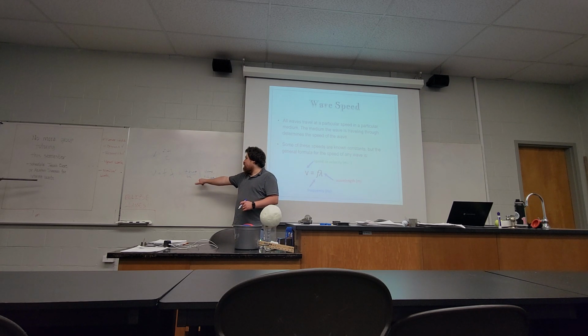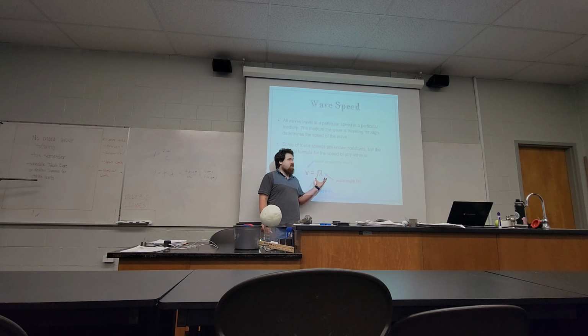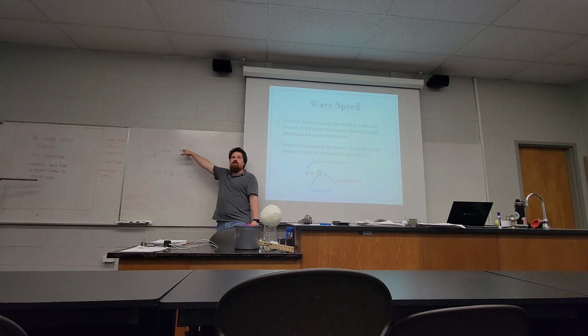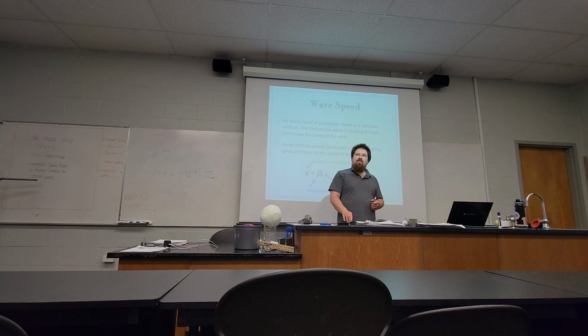And these two things multiplied together form distance over time. For the frequency part of things, you've got time on the bottom with number of waves at the top. For wavelength, you've got distance over number of waves. Number of waves just cancels out between the two, and you're left with distance over time. So this is basically the same as the velocity formula we've been doing the entire time, just more specific to wave terminology. Does that sound all right?